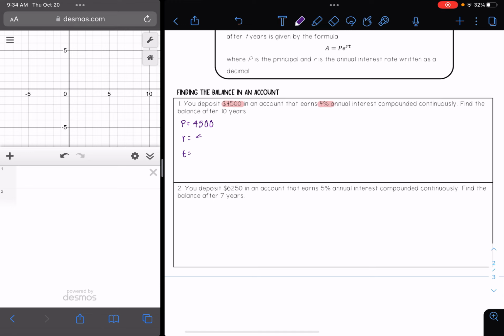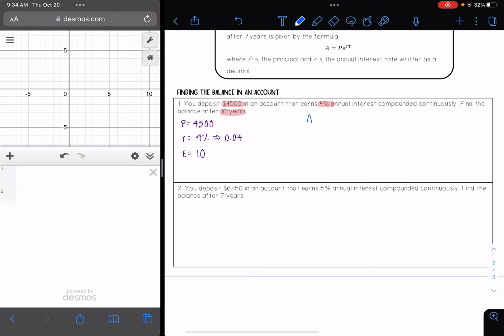So my r is equal to 4%, but remember in this formula I need to write my percent as a decimal, so that becomes 0.04. And then t, we're looking to see how much is in the account after 10 years.